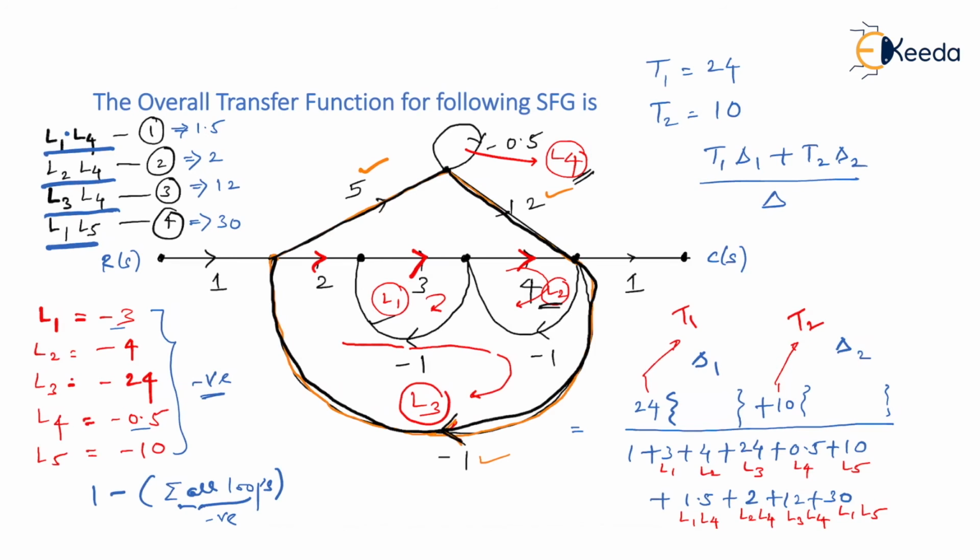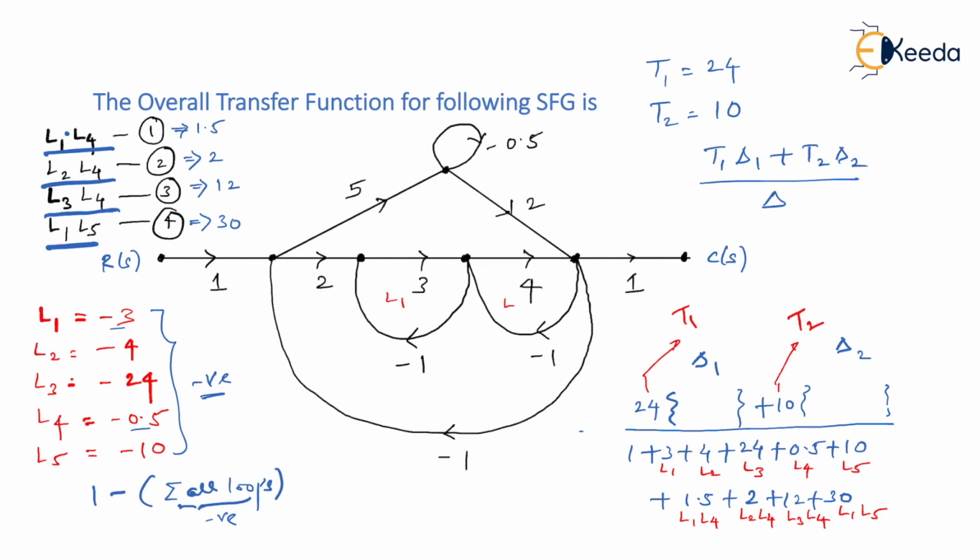Look at T1. T1 is 24. I'll remind you how this 24 has come. So here again I have shown L1, L2, L3, L4, L5. Let me talk about delta 1. Delta 1 is the same as delta.